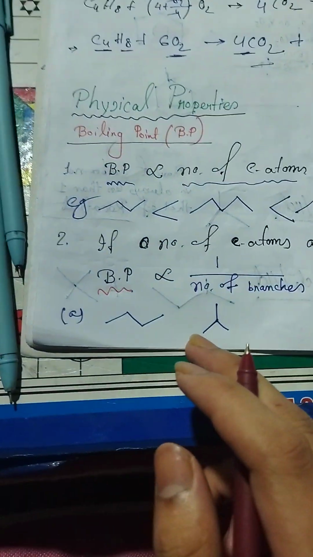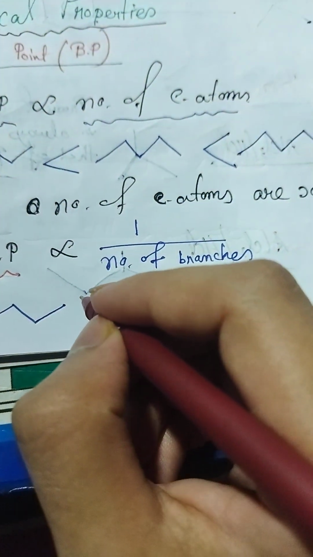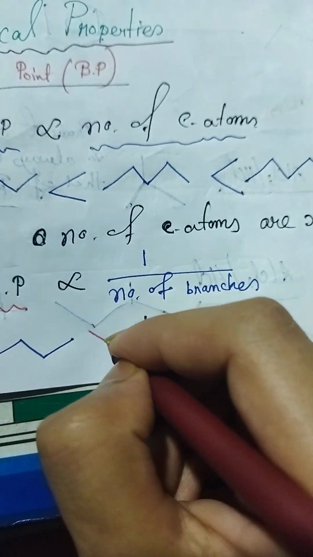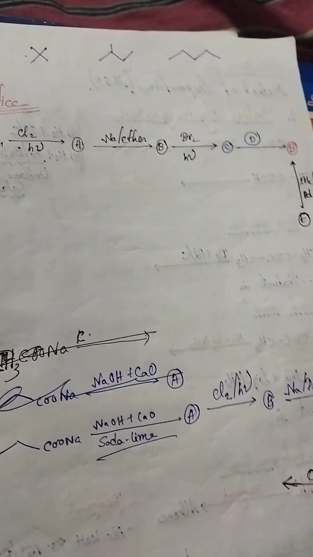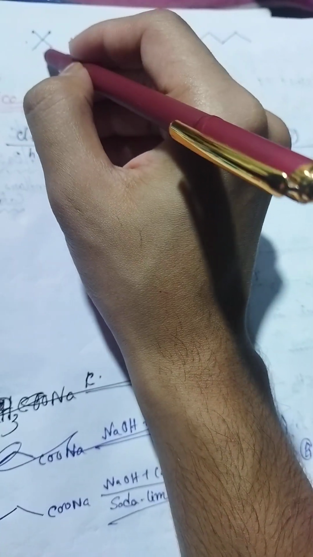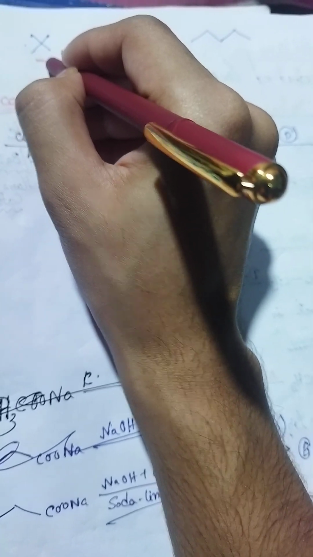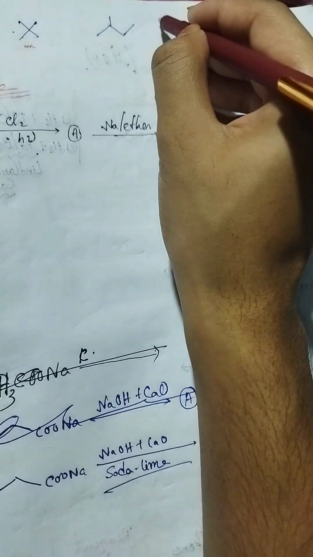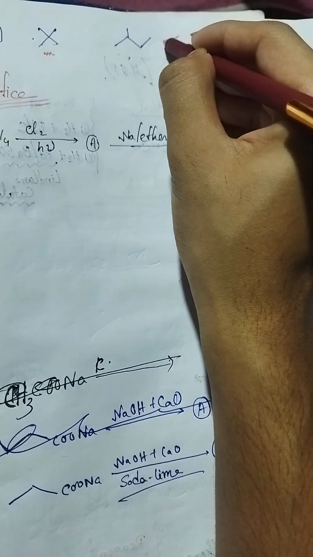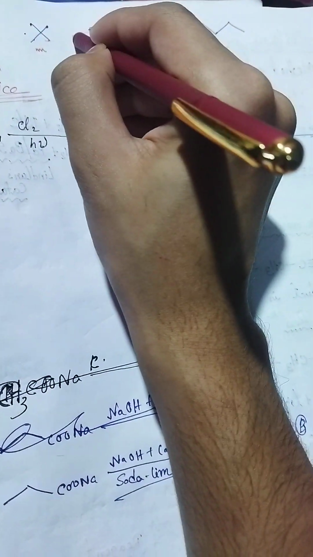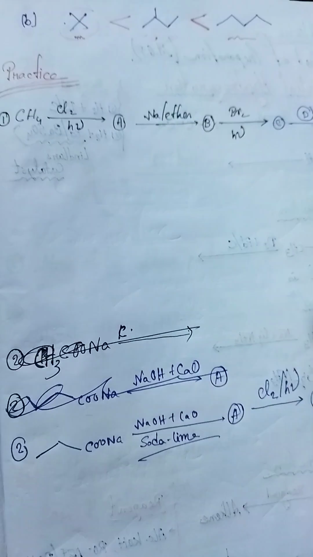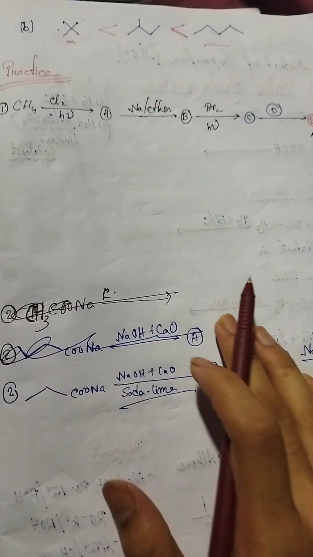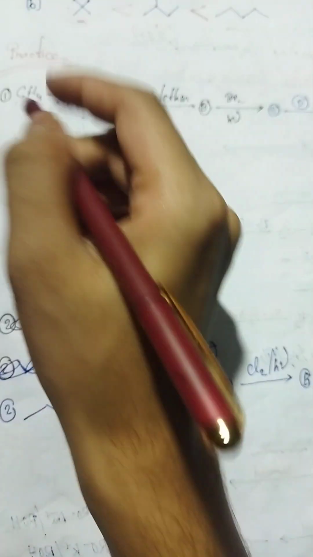That's why in this question the answer is this. And in this question, here branching is more, here branching is less than that, and here no branching. That's why this is more stable, this is less stable. Now a special question.